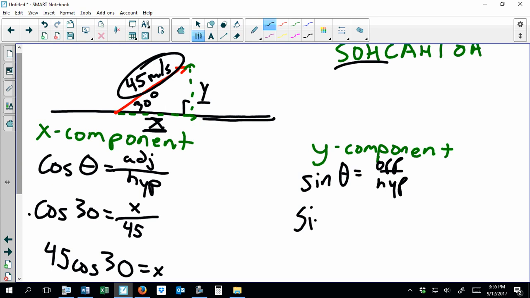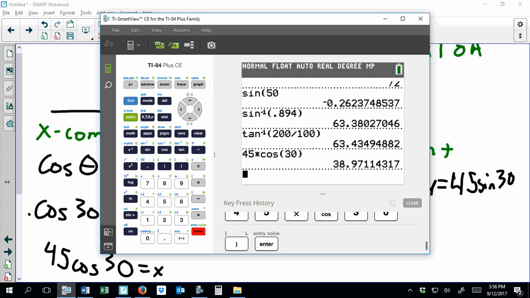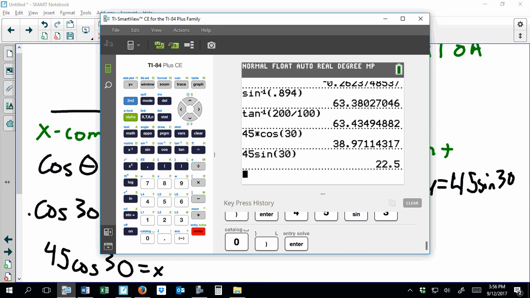So again, the sine of 30 is the opposite side, y, over 45. Multiply 45 to both sides, I get 45 times the sine of 30 is equal to y. And that gets me 22.5.